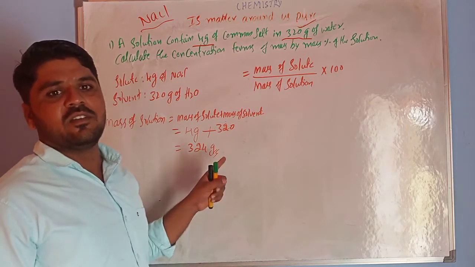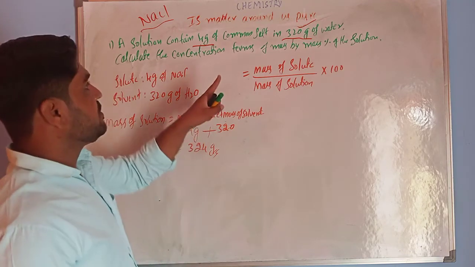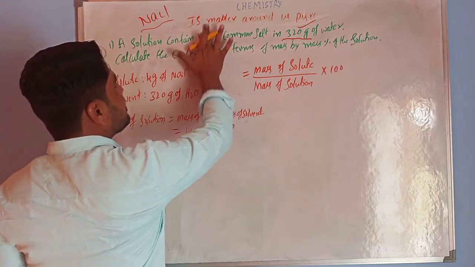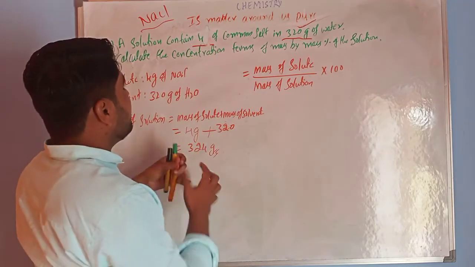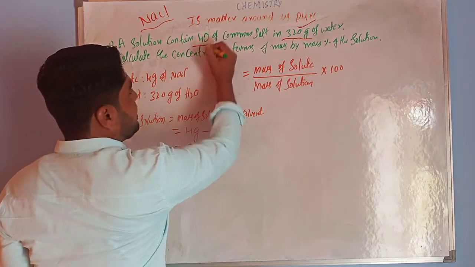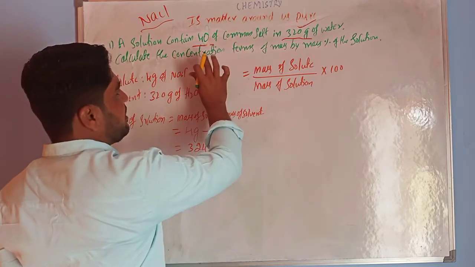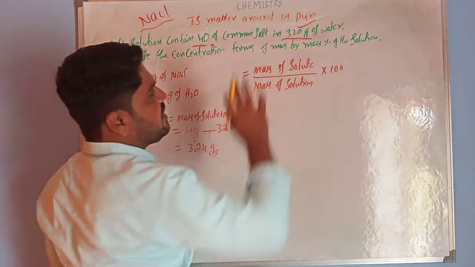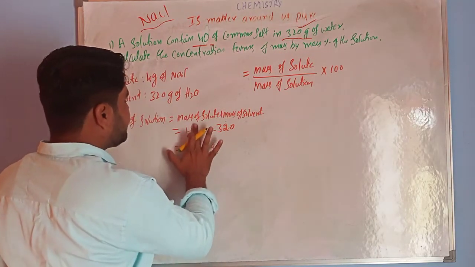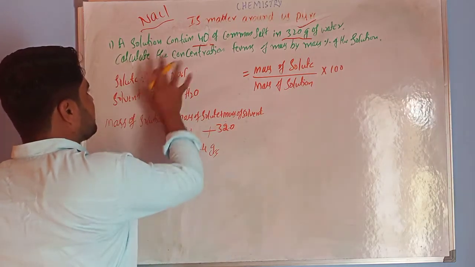Sorry, this is not 4, this is 40 grams. 40 grams of common salt in 320 grams of water. So here also I am taking 40 grams.